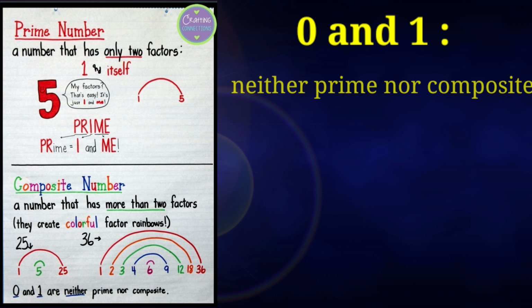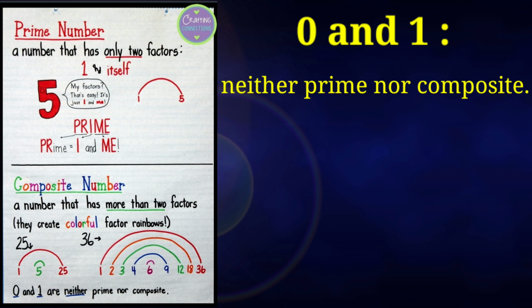And why? As you can see, 0 has only one factor, that is 0 only, and 1 has only one factor, that is 1 only. But a prime has exactly two factors, and a composite obviously has more than 2. So 0 and 1 are neither prime nor composite.